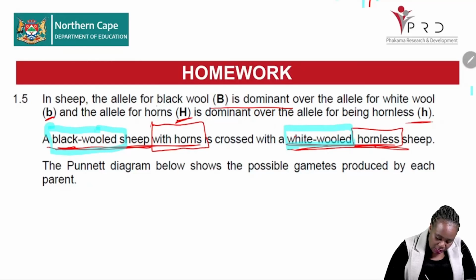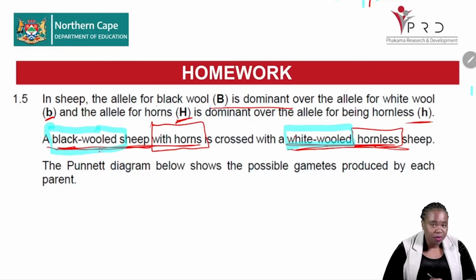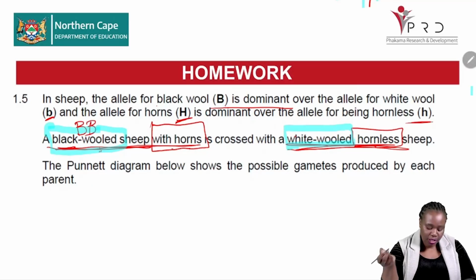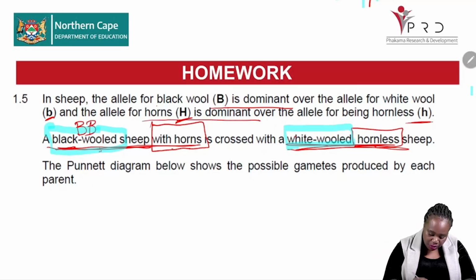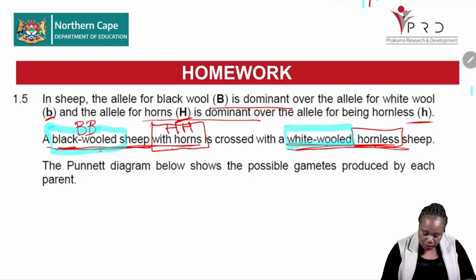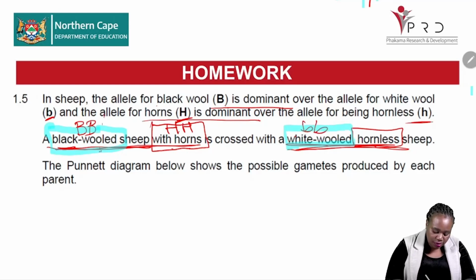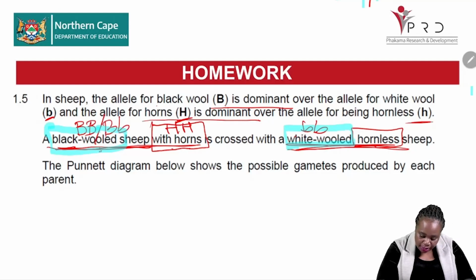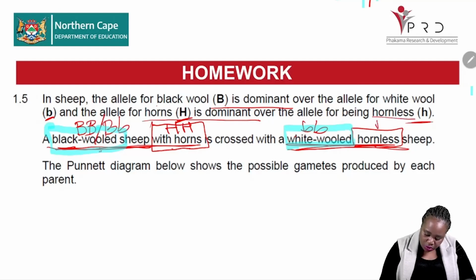It means that it will be BB there. And then with horns. Is having horns dominant? Yes, having horns is dominant, meaning that we are going to have that there. And then here, white wool is recessive, though, so we know that this is what is happening. Here it can also be heterozygous. And then being hornless is also recessive, meaning that we are going to have that.